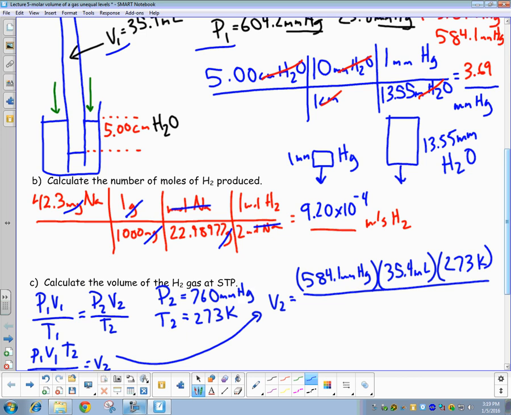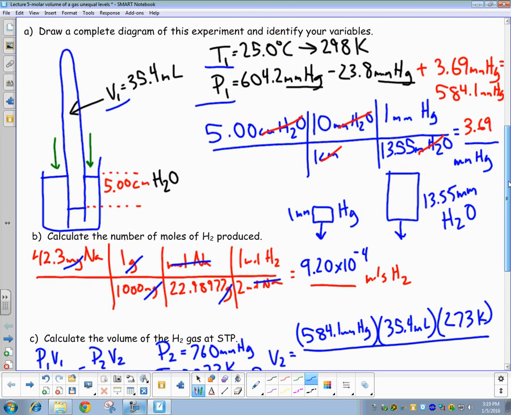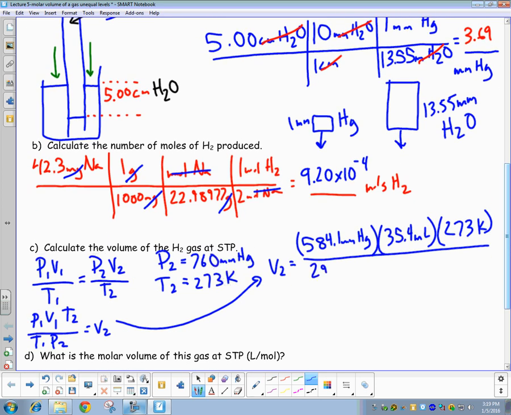Then I have my initial temperature, which was 298 Kelvin, listed at the top there, times my pressure at standard conditions, which is 760 mmHg. Unit-wise, we get millimeters of mercury canceling with millimeters of mercury, Kelvin canceling with Kelvin. So we're going to have V2, and that's going to equal a certain number of milliliters of gas. And when I do that calculation, I get 24.9 milliliters of hydrogen gas.